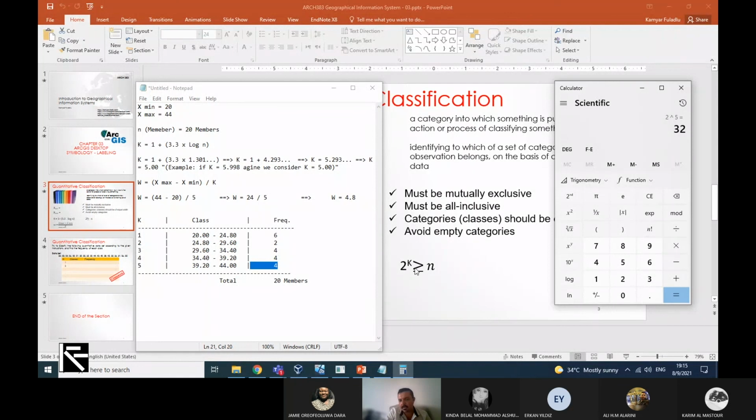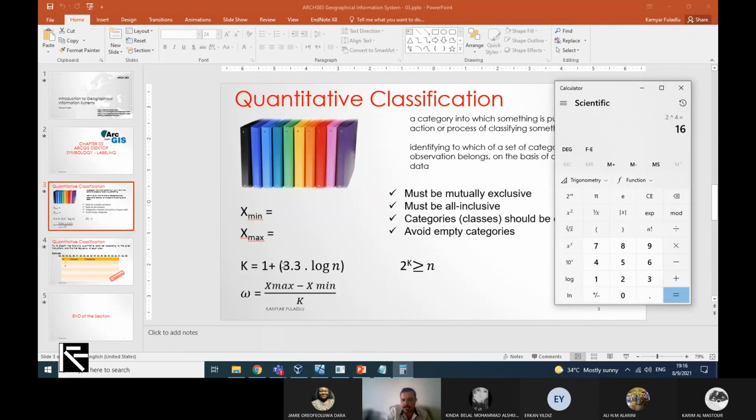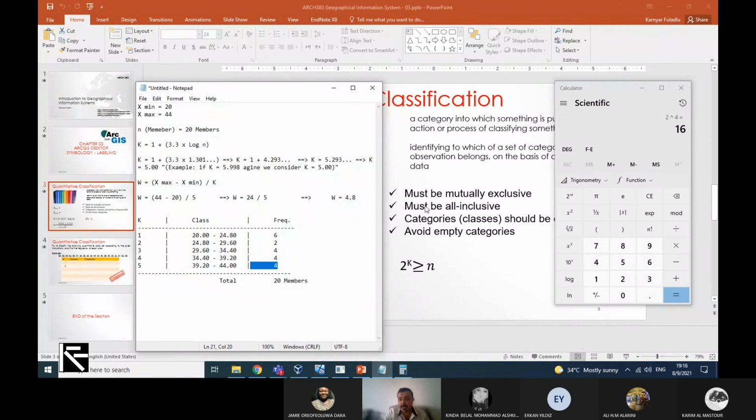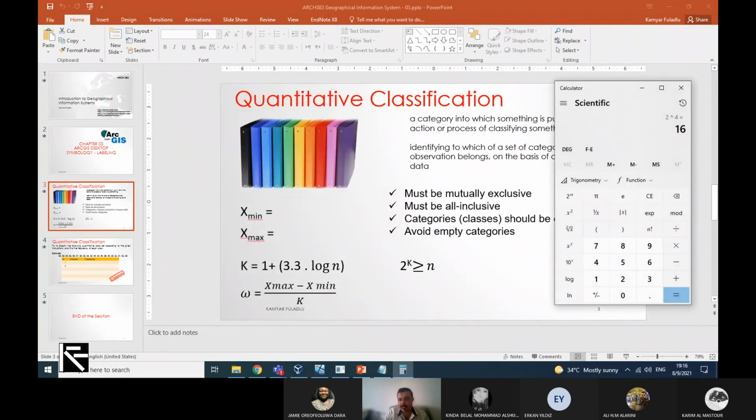So 32 is bigger than or equal to n. If I put it to the power of 4, it becomes 16, which is less than n. This is another formula you can use instead of the other formula. Both of them work. You will have an assignment similar to this one for your next session. This is about this part of the lecture.